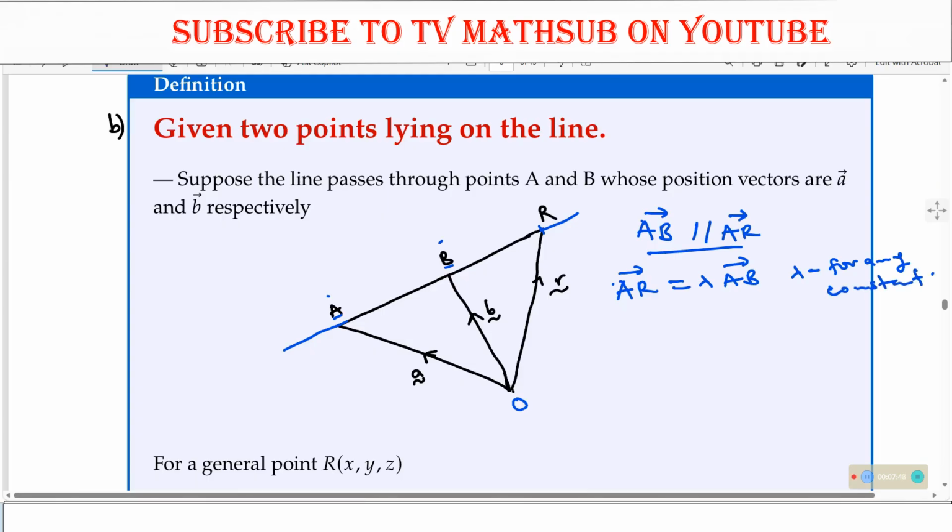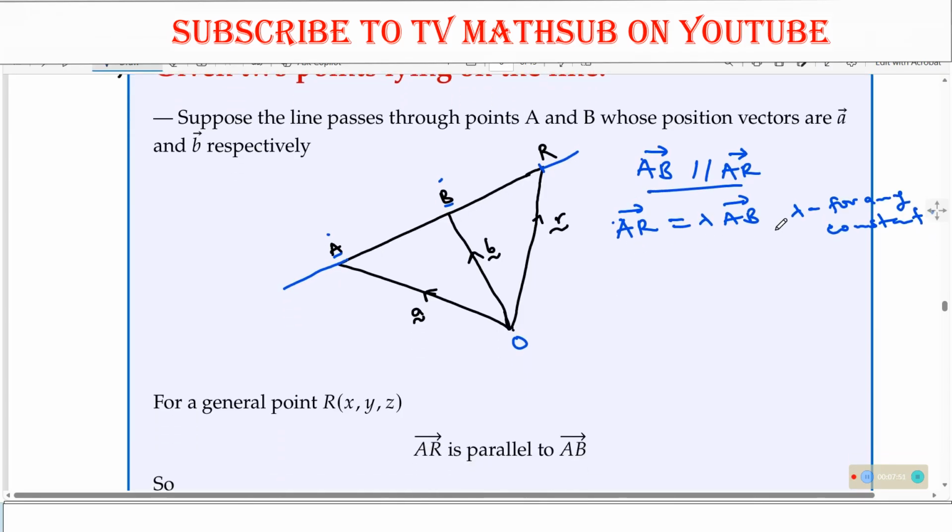Now, again, we are saying if AR is equal to lambda AB, but what is AR? AR is the same as, in terms of position vectors, OR minus OA, which is equal to lambda, and AB is the same as OB minus OA.